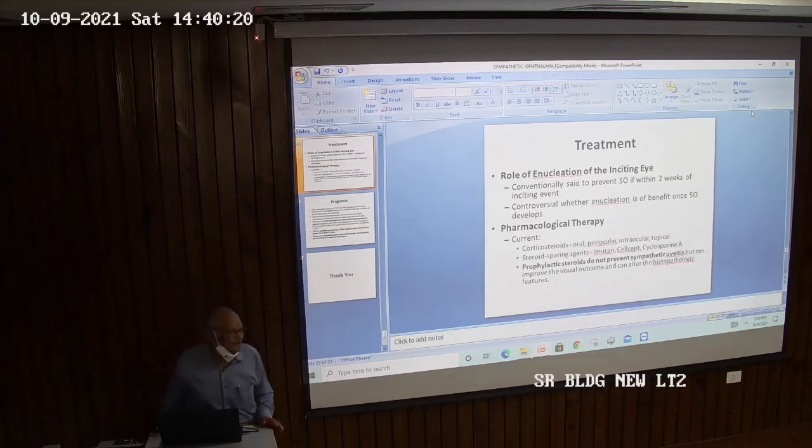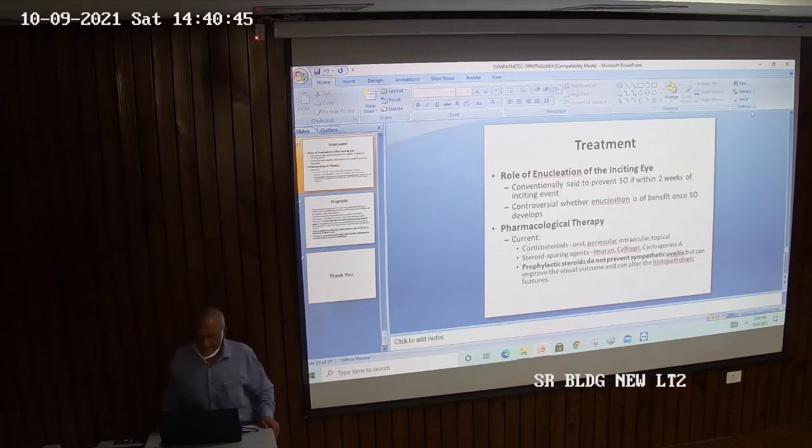So you start steroids immediately, topical, injectable or intravenous. This is a must, just to prevent it. Because if you are treating the inciting eye, there are fewer chances of sympathetic ophthalmitis. So start steroids either topically, intravenously or subcutaneously.